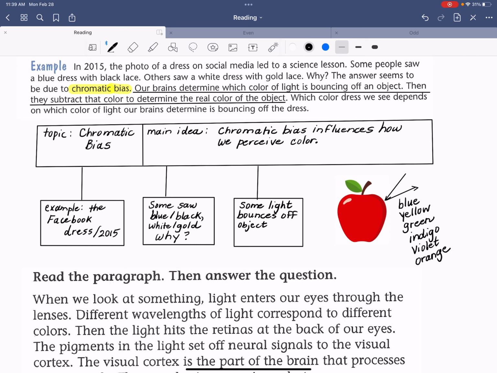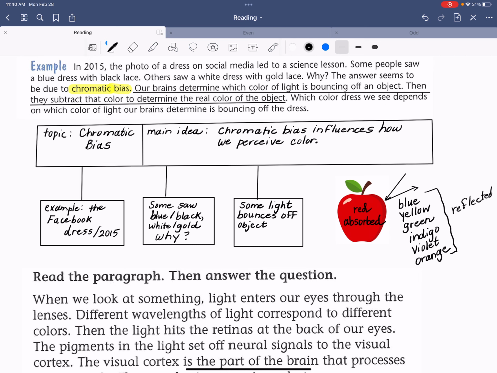Which color is not being reflected? Which color is being absorbed? All of these are being reflected. Red is being absorbed. So my brain says, oh, that apple is red because that's the color of light that is not bouncing back.